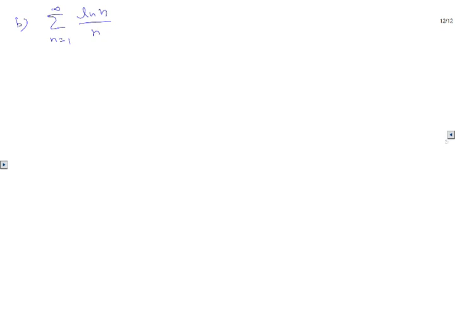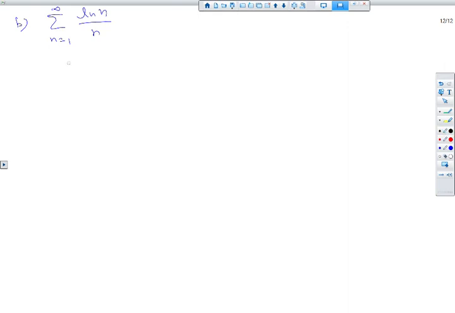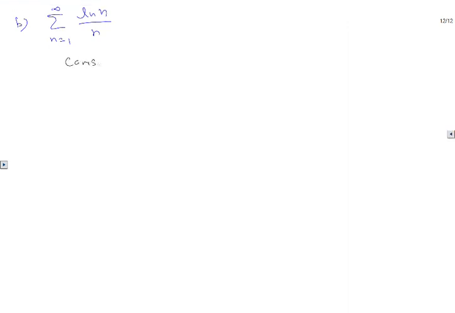So let's consider the graph of y equal ln x. Why do we look at the graph? It's easy. So let's look at the graph of this one. You can see that it's a natural log, so it has a graph like that.